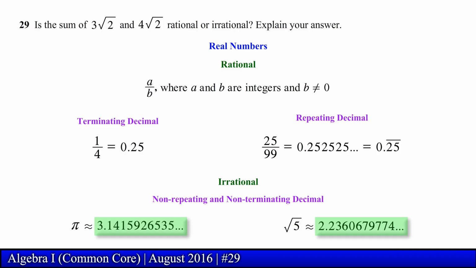The only distinction is that the digits do not follow a predictable pattern, or have repeating digits like the rational numbers do. For example, the first 10 digits of pi can be written as follows. Likewise, the first 10 digits of the square root of 5 can be written as follows. Notice that there are no digits that repeat or terminate for either of these two irrational numbers.